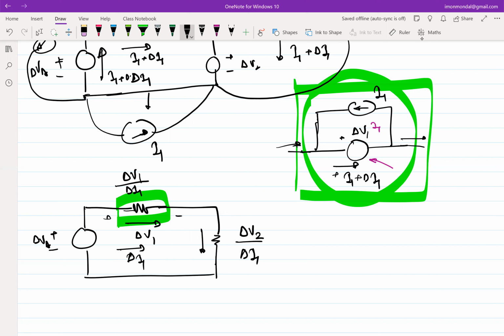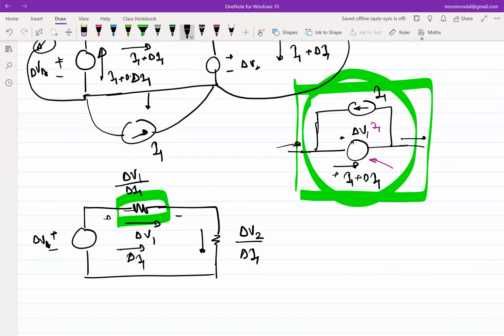For somebody who cannot go inside the device, our only handle is the I and V characteristics. For anybody looking from outside, it would seem like an element where if I put a voltage of delta V, I get a current of delta I through it, which is essentially a resistor.